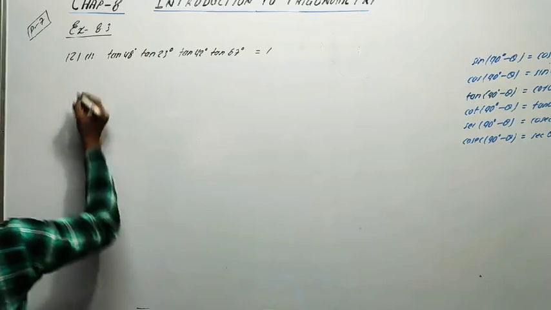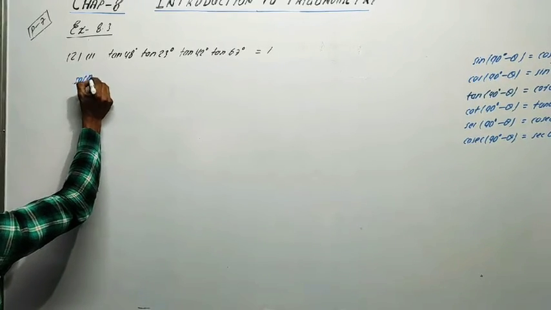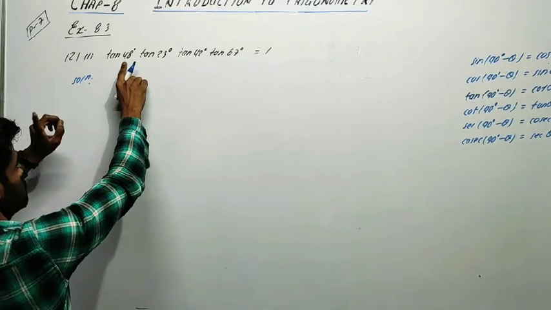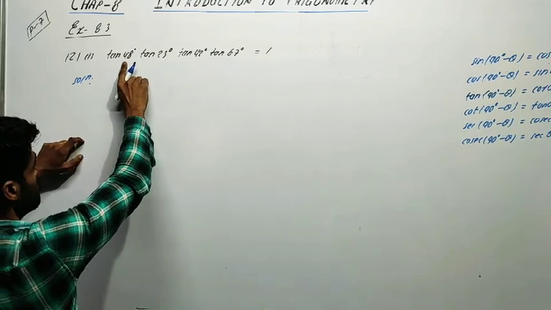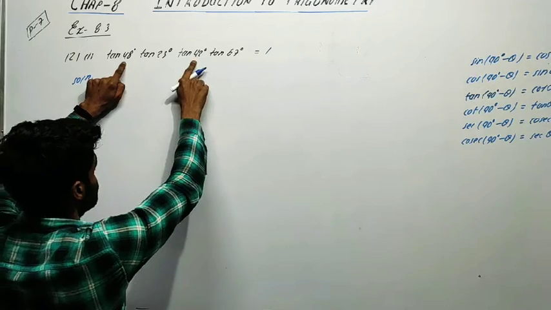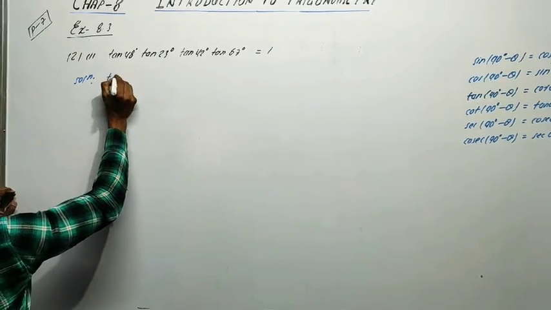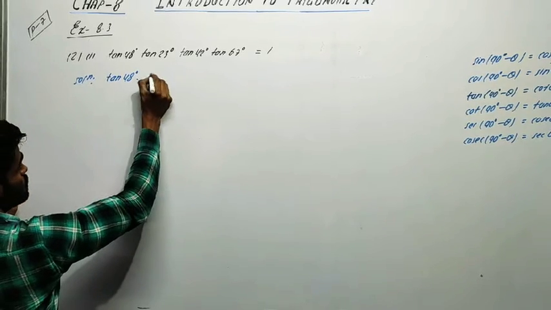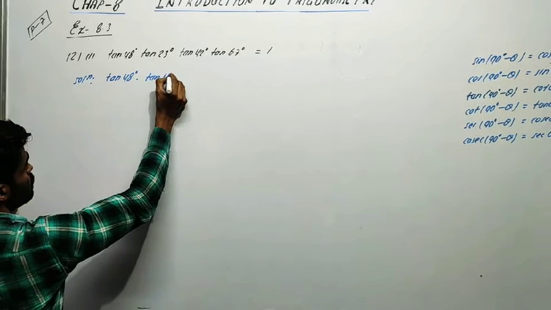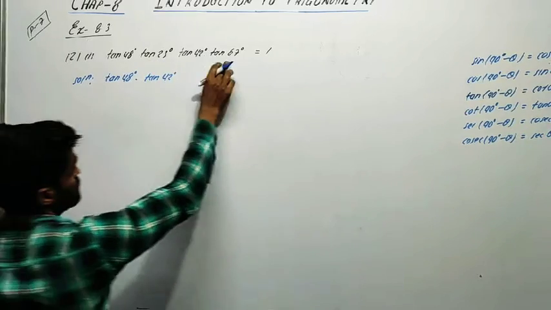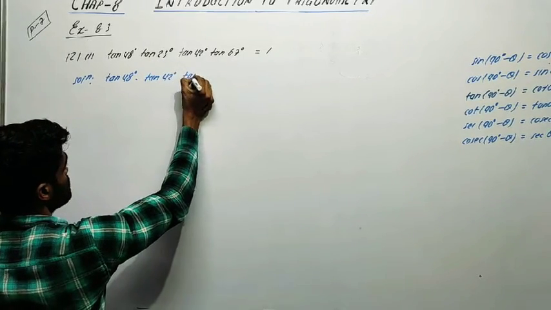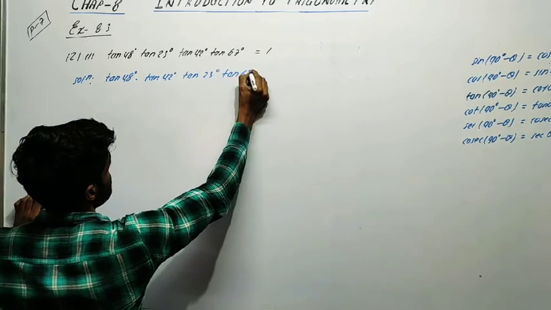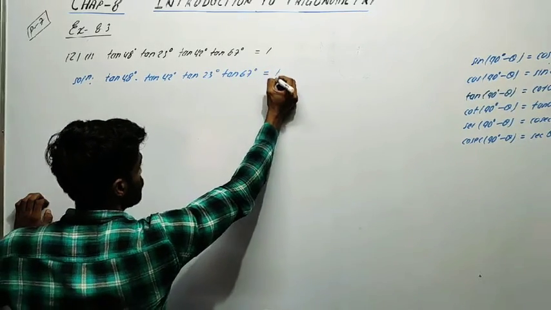Solution. Here we will arrange the LHS terms. We will put the complementary angles together. So 48 degree and 42 degree, these two are complementary. Let's put them together: tan 48 degree into tan 42 degree. 23 and 67 are complementary, that is tan 23 degree into tan 67 degree is equal to 1.